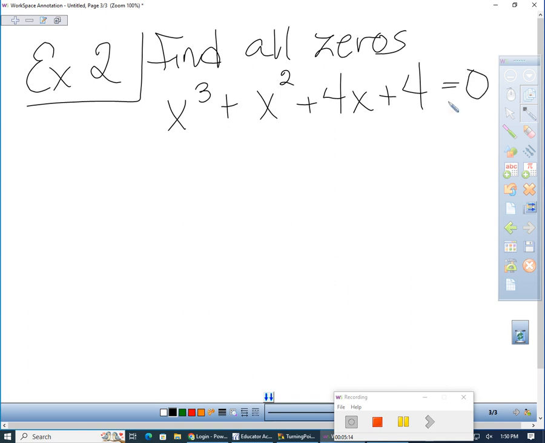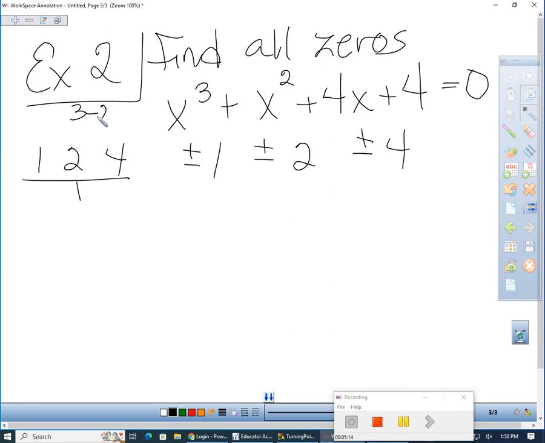All right, so first of all, we got to find all possibles, right? All the factors of 4 over all the factors of 1. So all the factors of 4 are 1, 2, and 4, all over 1. So we have plus and minus 1, plus and minus 2, and plus and minus 4. Now out of that, my highest exponent is a 3. 3 minus 2 means I've got to find 1 out of those 6.